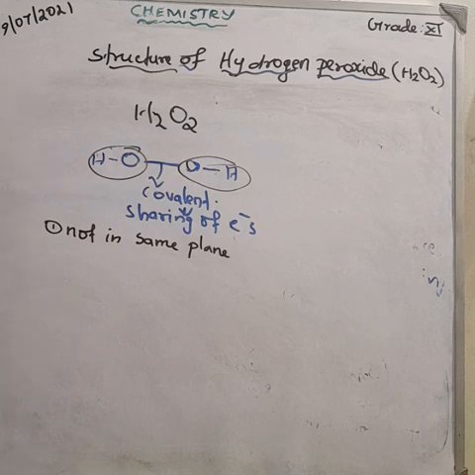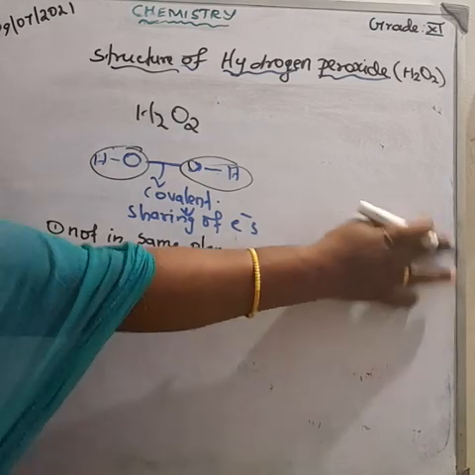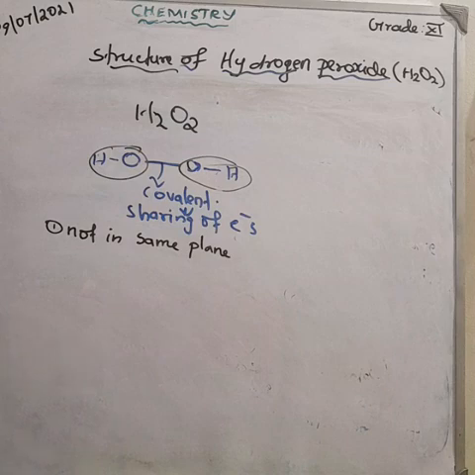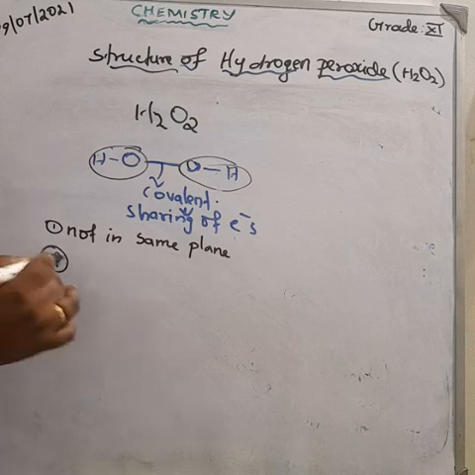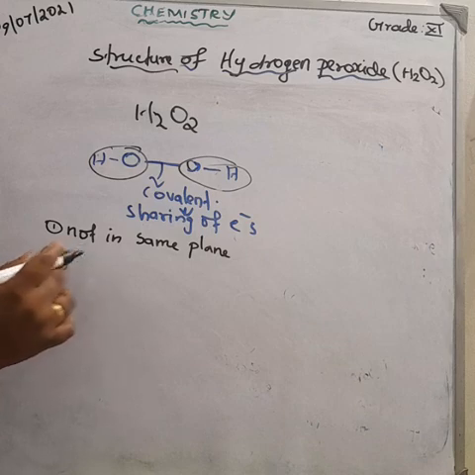So one way of explaining the shape of hydrogen peroxide is that the hydrogen atoms lie on the pages of a partly opened book. In hydrogen peroxide, two hydrogen atoms are connected with the oxygen atoms.